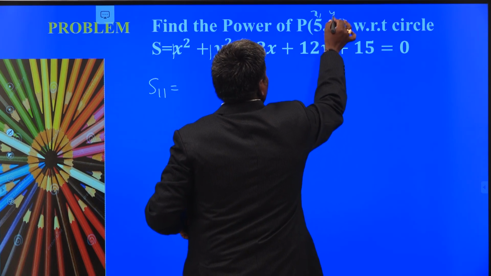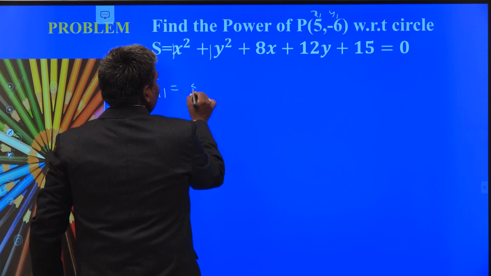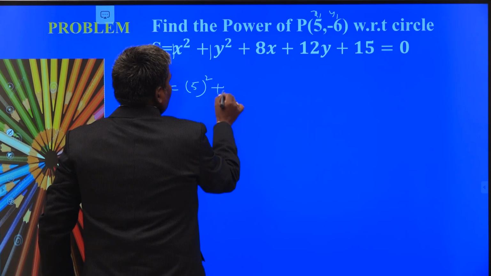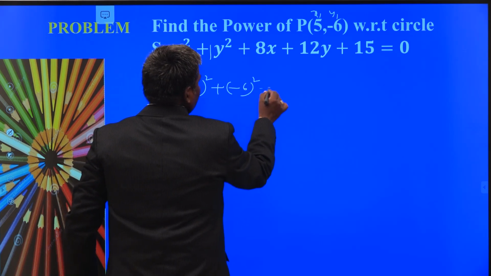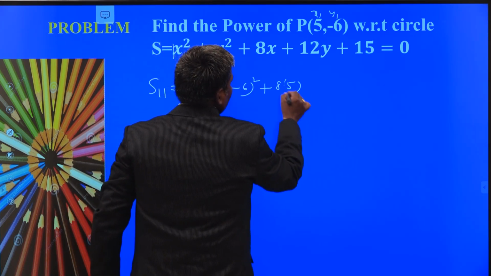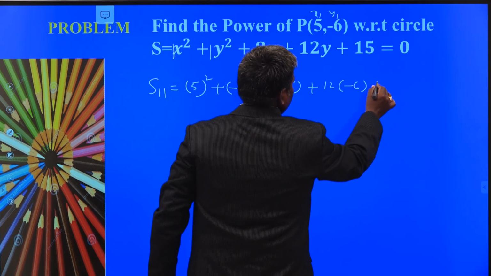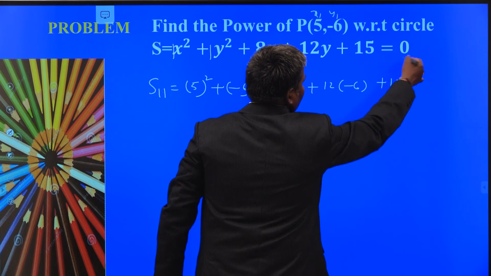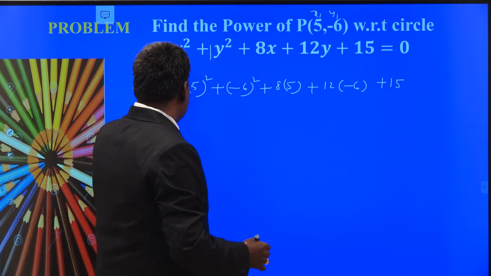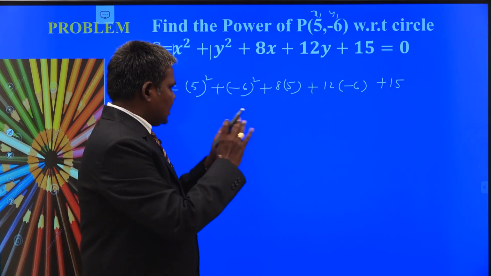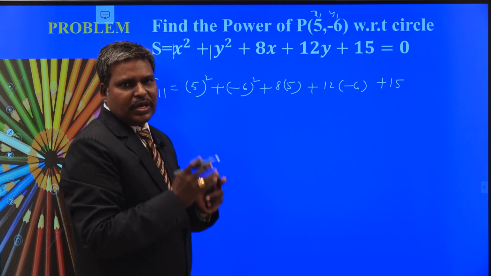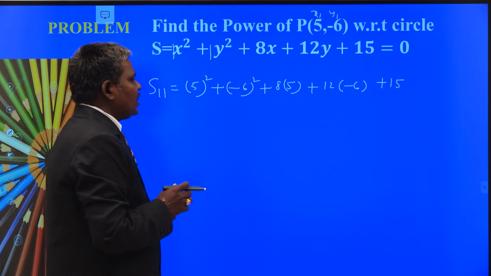This is x1, this is y1. That means 5 square plus minus 6 square plus 8 times 5 plus 12 times minus 6 plus 15. Don't write equals to 0 again. Your value of S11 is that much: x1 square plus y1 square plus 2gx1 plus 2fy1 plus c.